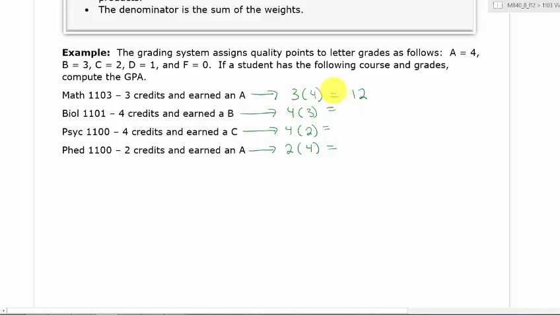So we have 3 times 4 gives us 12, 4 times 3 is also 12, 4 times 2 is 8, and 2 times 4 is also 8. So we need to add those up. And so 8 and 12 is 20, so this adds up to 40.